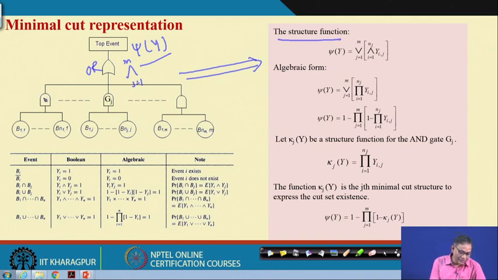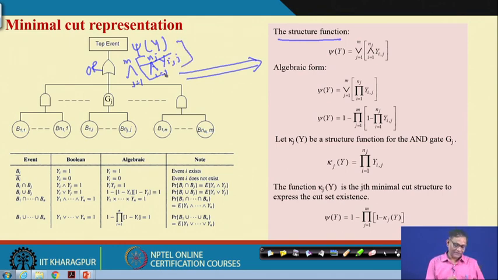Now, again each of the AND gates has n j number of inputs. Because of the AND gates, and there are so many AND gates, we will put the bracket and then write the intersection i equal to 1 to n j, indicator variable y i j.